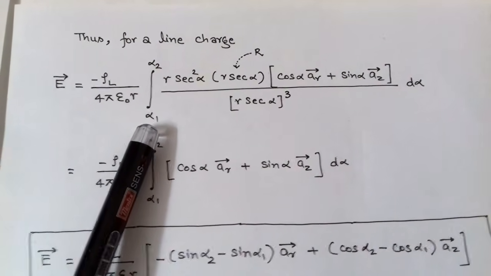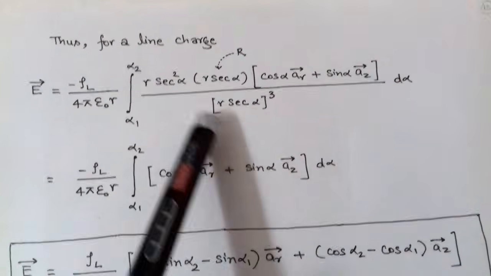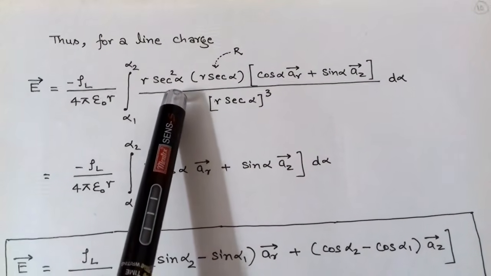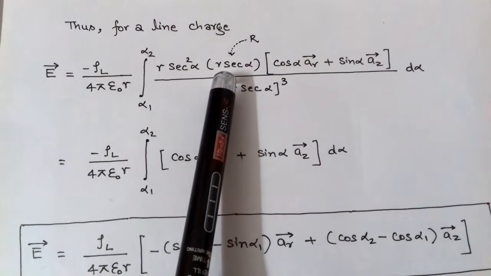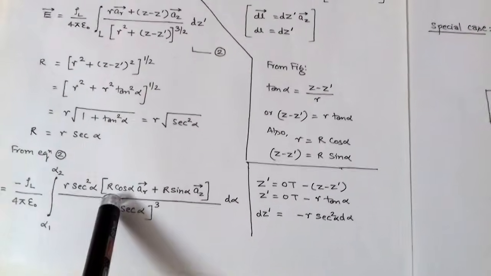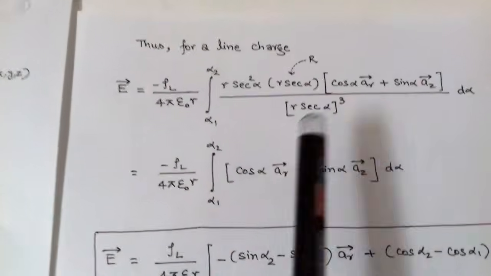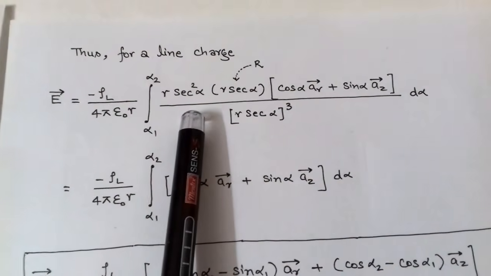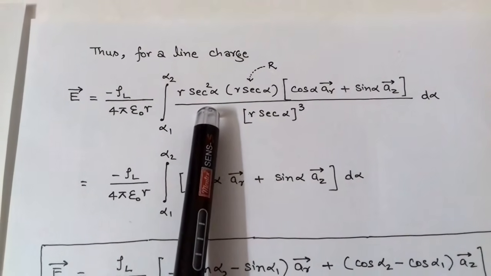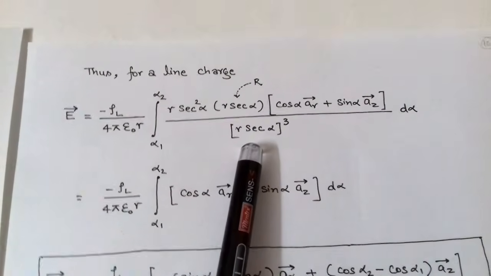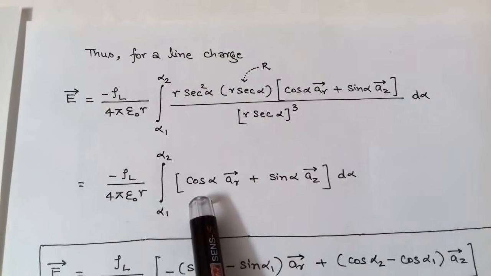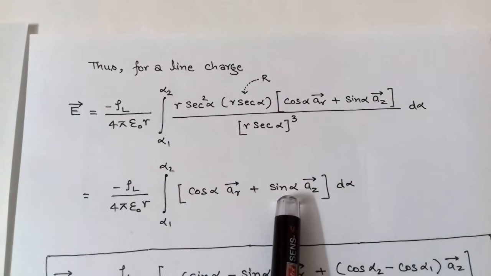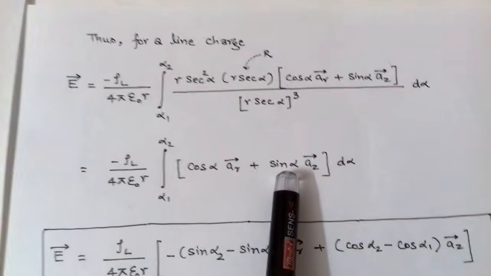Now after putting this, we take r common, and in place of capital R we can write r sec alpha. So in the numerator we get sec cube alpha, and in the denominator there is also sec cube alpha, so they cancel out with each other and we get only cos alpha unit vector r plus sin alpha unit vector z.